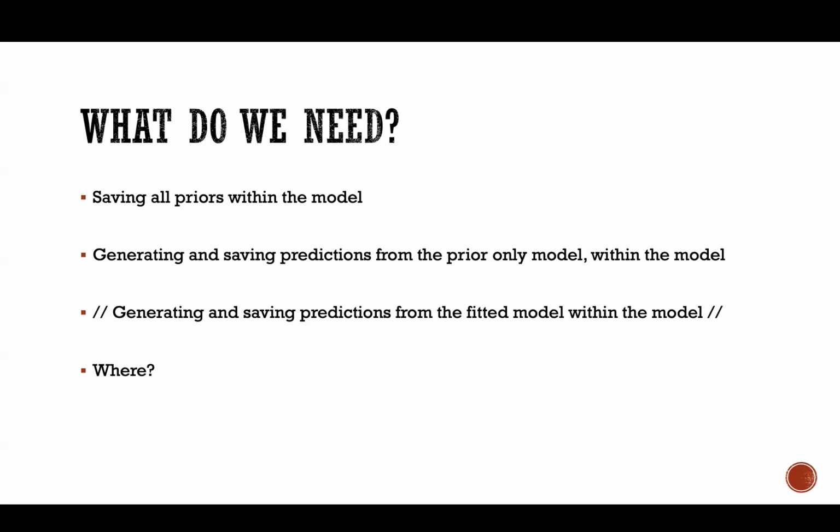So where would we generate and save all of these variables? There is a chunk of the Stan model. Yes? I think it's called generated quantities. Yes. Generated quantities is a special chunk in the Stan model that runs after the model has been fitted.